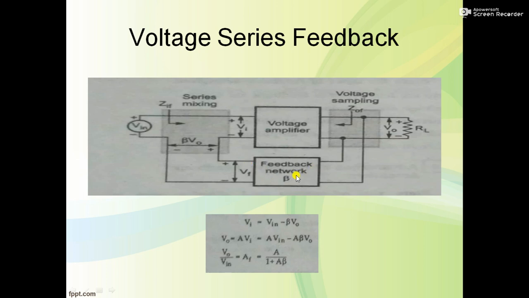The output of the feedback network is Vf, the feedback voltage, and this feedback voltage is represented in the form of beta into V naught. It is a product of beta into V naught. Beta is the feedback factor, V naught is the output voltage. So Vf is equal to beta into V naught.